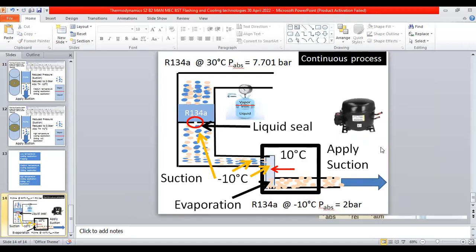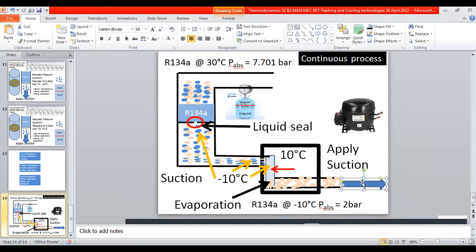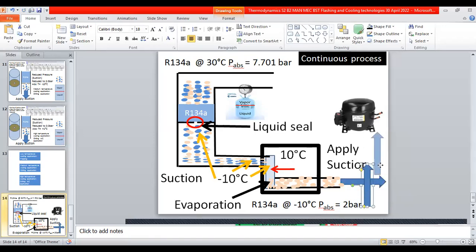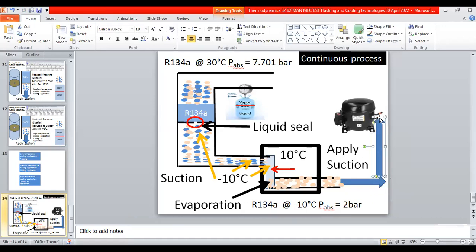So this device can apply suction. And there is a suction inlet. See this pipe. And after sucking this, it pumps from the outlet.